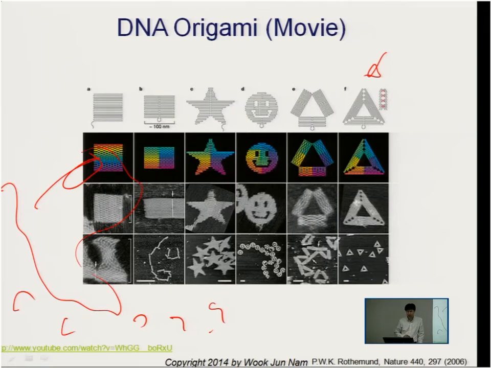Using this kind of DNA, we can grow nanowires positioned in specific locations.